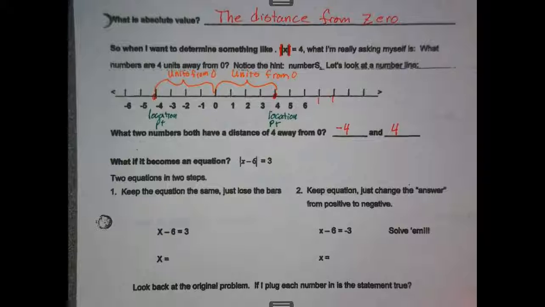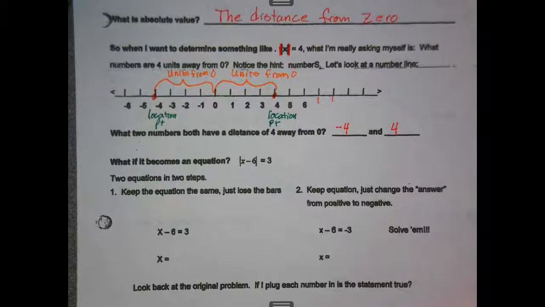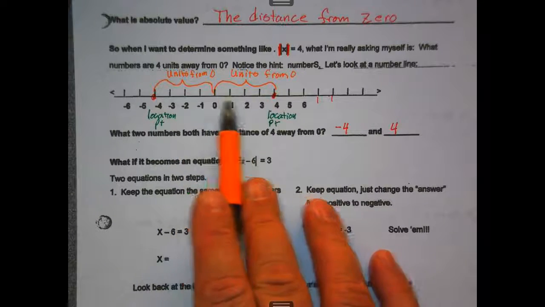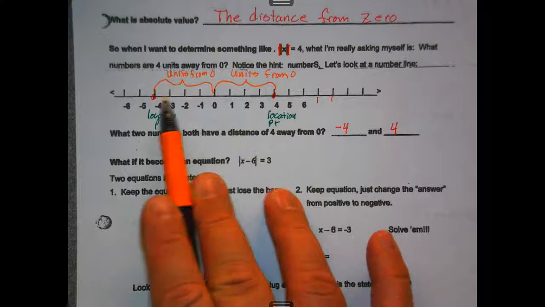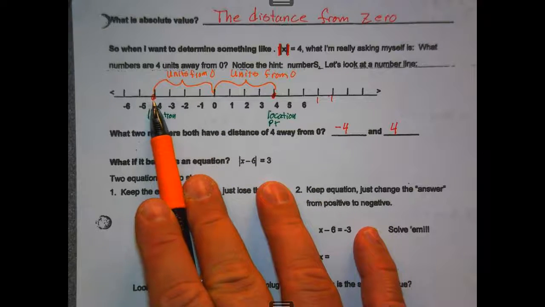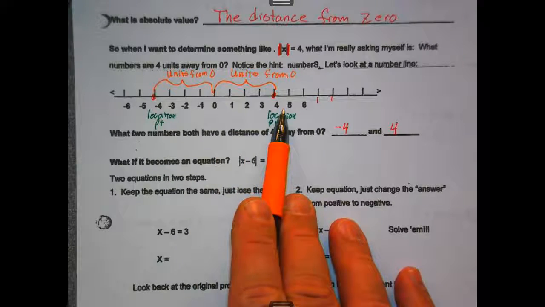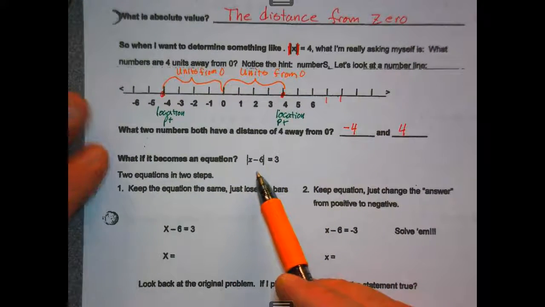So here's how we solve absolute value equations. We have to consider both cases: 4 units this way and 4 units that way. So we have to consider that it may end up at a negative 4 or a positive 4. So that's what we're going to do here.